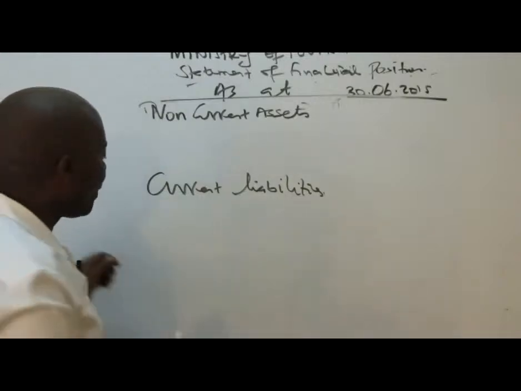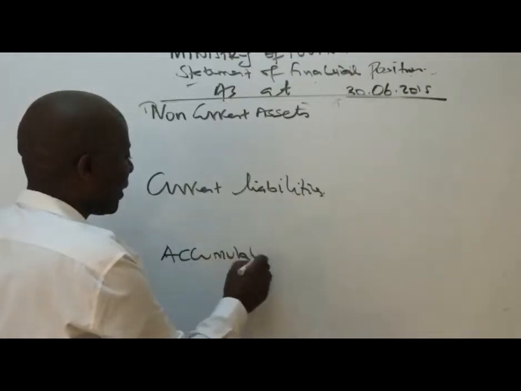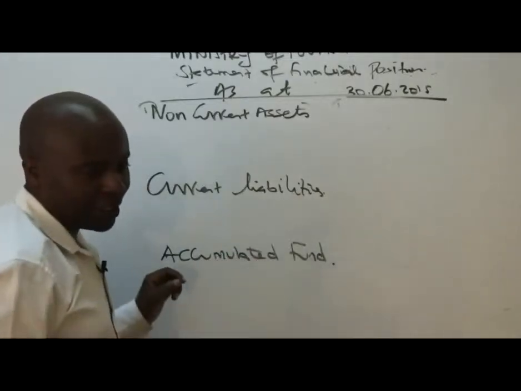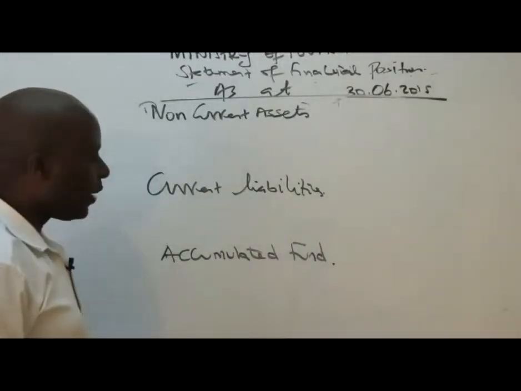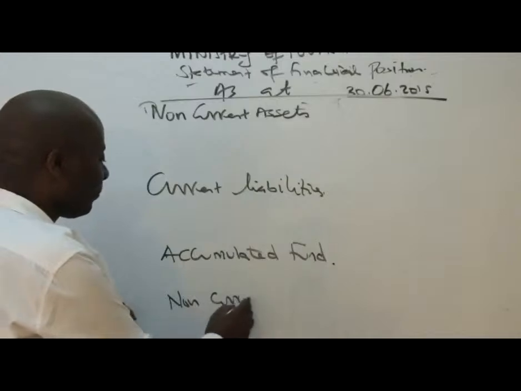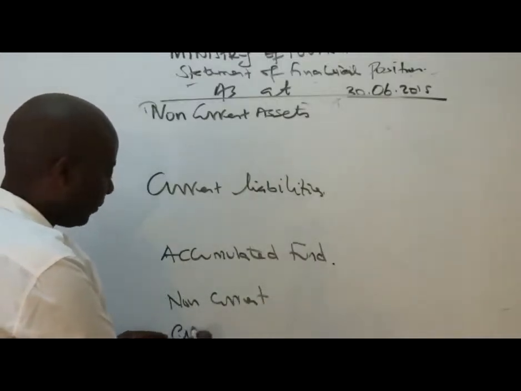Here we talk about the accumulated fund. For government, we don't use equity. And then we have liabilities, which are divided into two: the non-current, and lastly, the current.